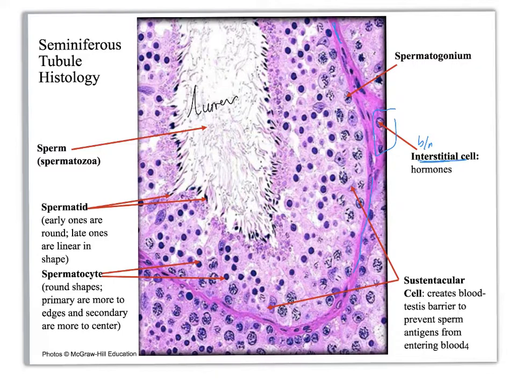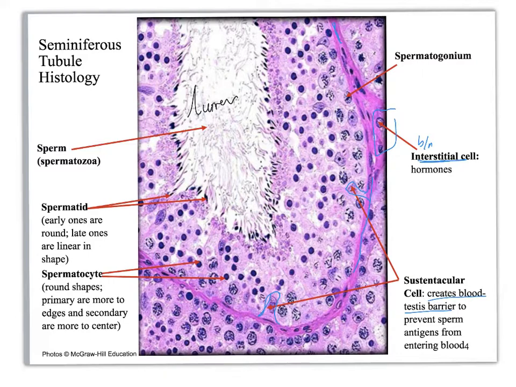All right, then you're going to have extensions of this wall coming up into these structures that we call the sustentacular cells. Here's another one right up in here, okay? The sustentacular cells are important because they create the blood-testis barrier, okay?